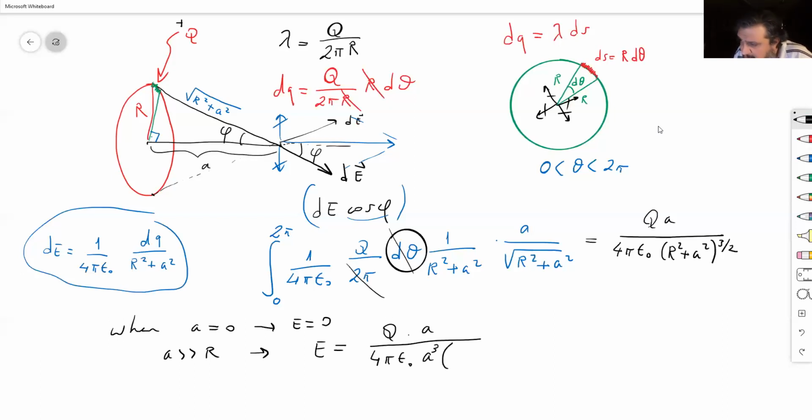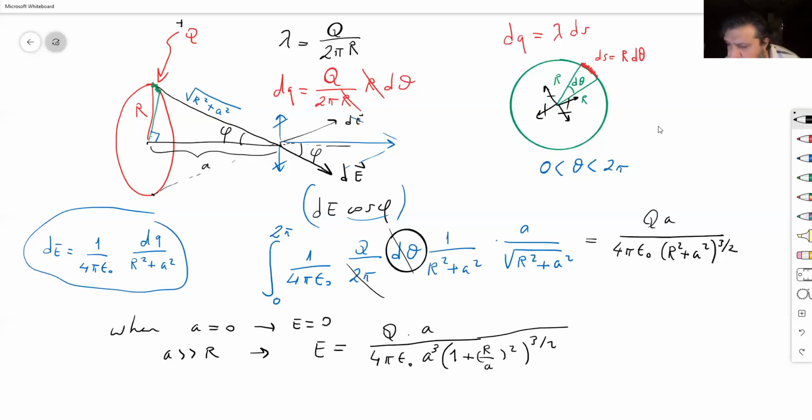So here you will have a squared is out, 1 plus r over a squared. Okay?